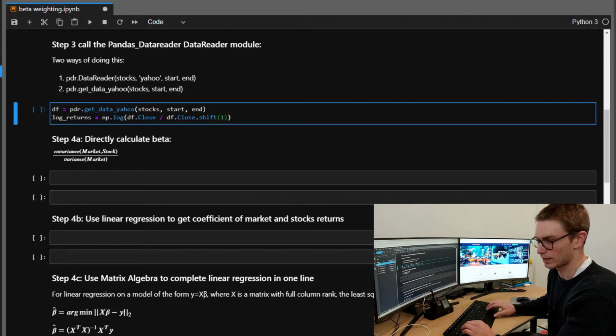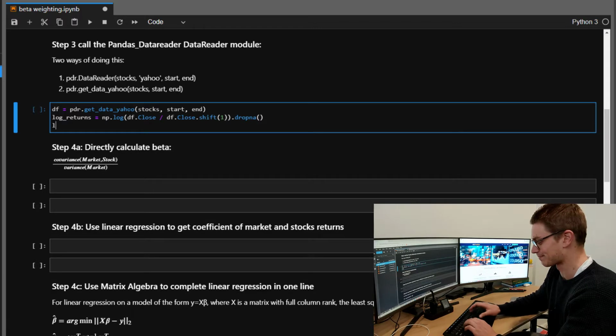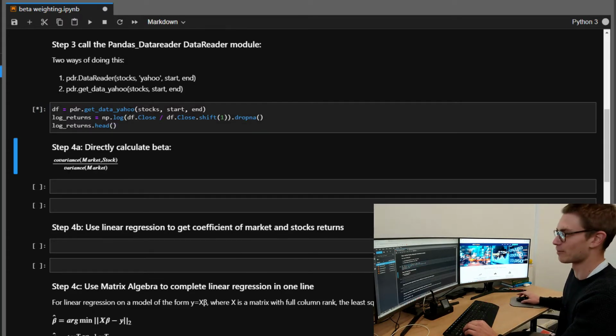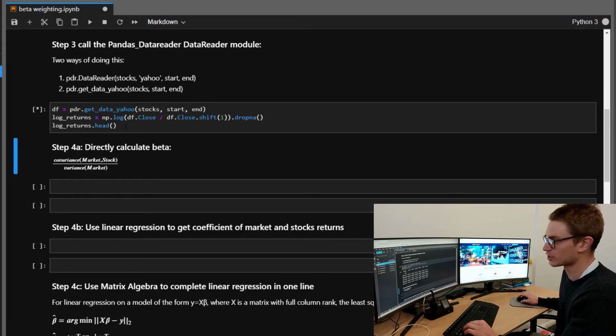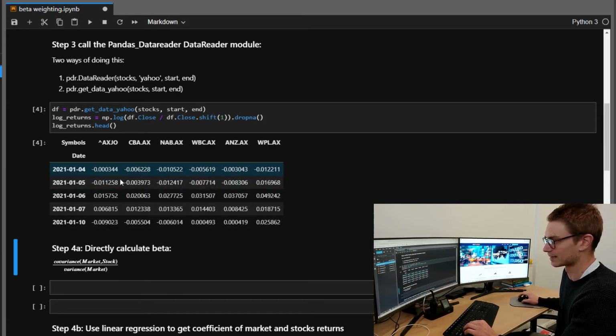So shift 1 close information. And the reason we're skipping over this a little bit is that we've done this numerous times over the last couple of episodes. So if you don't know what I'm doing here, please feel free to go back and watch those episodes. So here we're just calculating the log returns for that data.